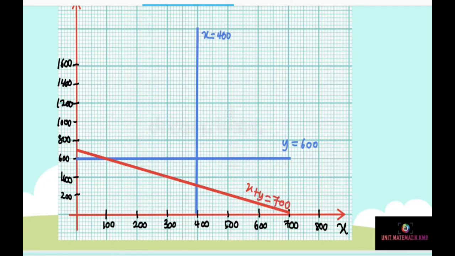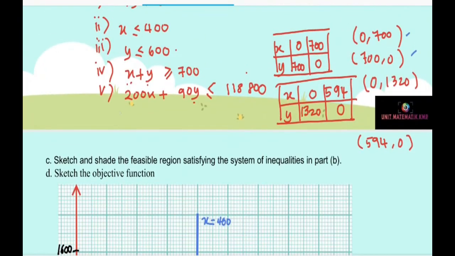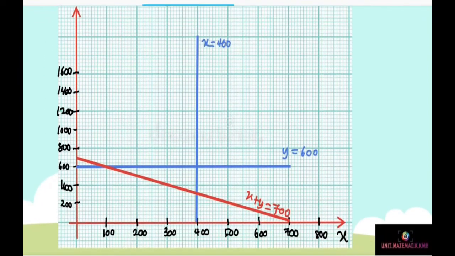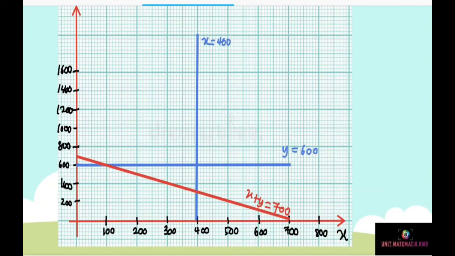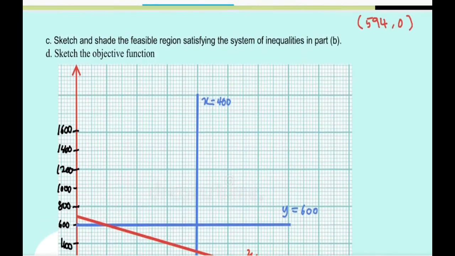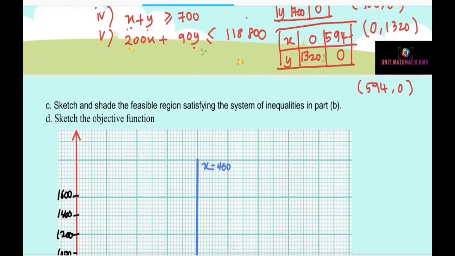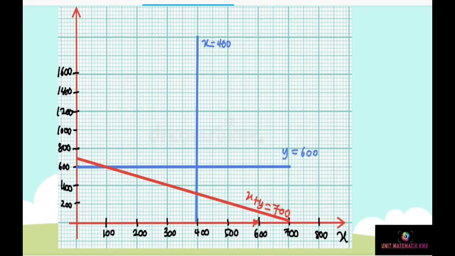Then the last line is 200x plus 90y equals 118,800. We have the x-axis intercept at 594, which is around here, very close to 600. And for the y-axis, we have 1320, which is around here.